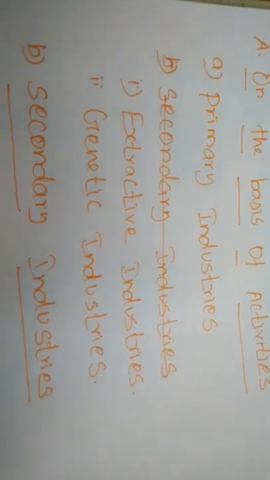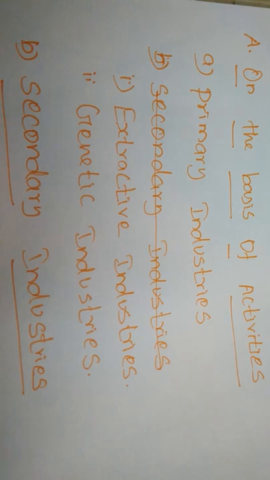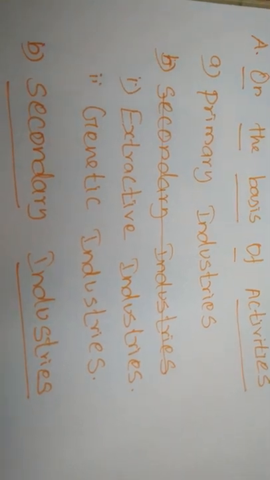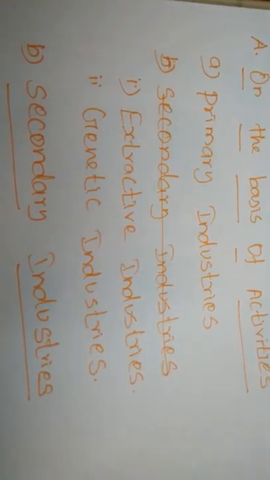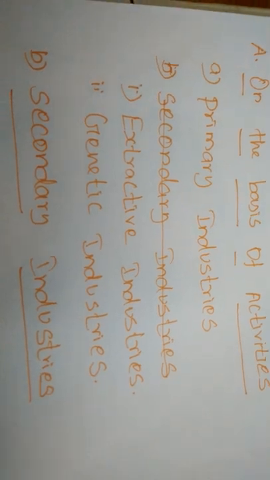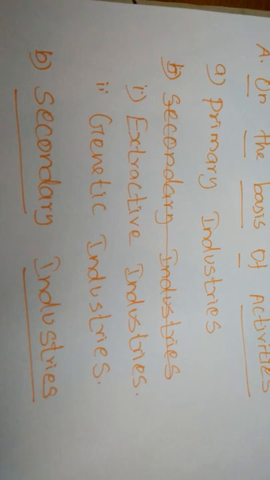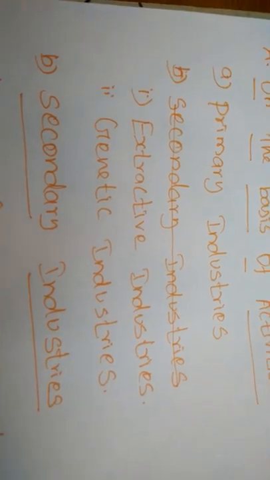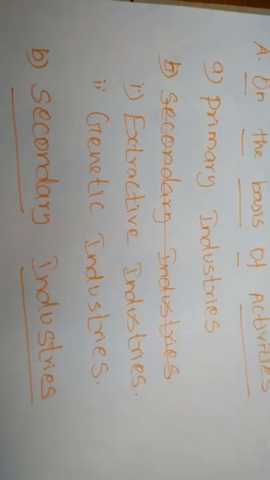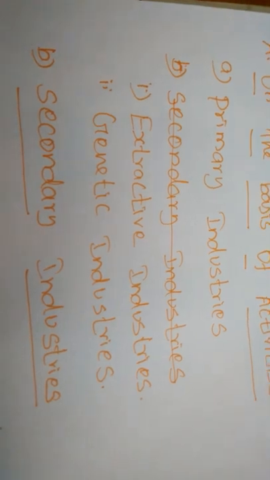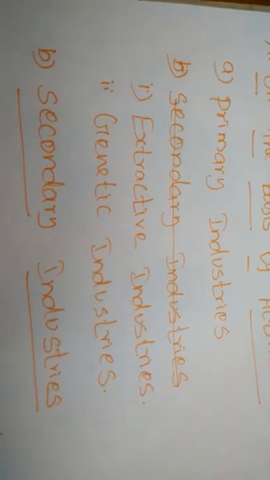It is a nature-oriented industry which requires very little human effort. For example, agriculture, farming, forestry, fishing, horticulture, etc. These industries may be further subdivided as follows.